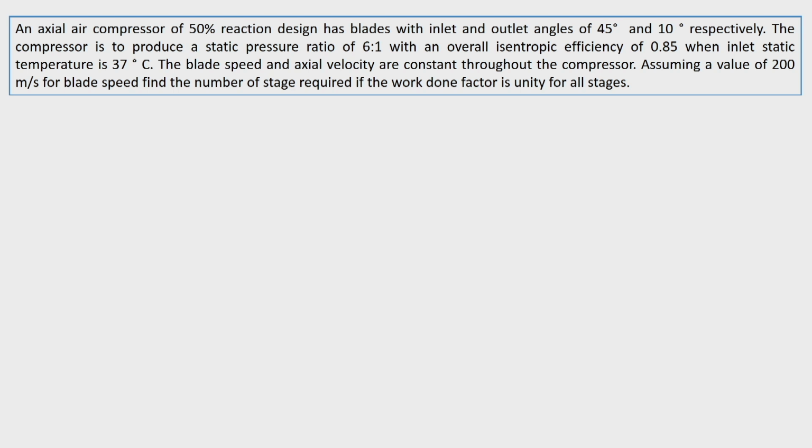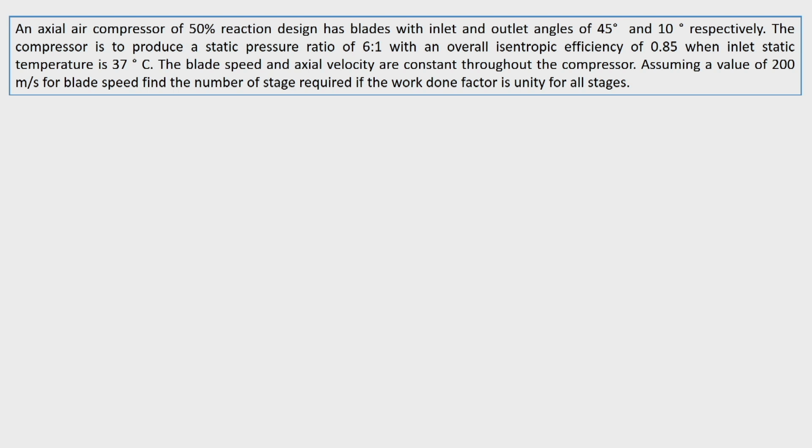The blade speed and axial velocity are constant throughout the compressor. Assuming a value of 200 meter per second of blade speed, find the number of stages of compressor required if work done factor is unity for all stages.